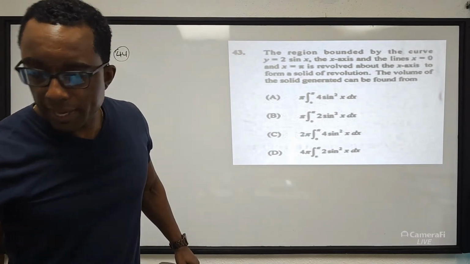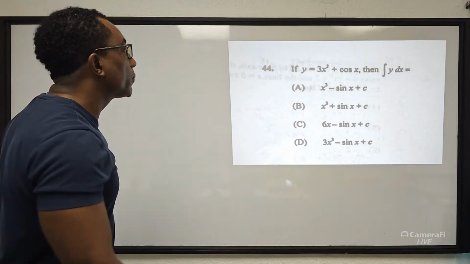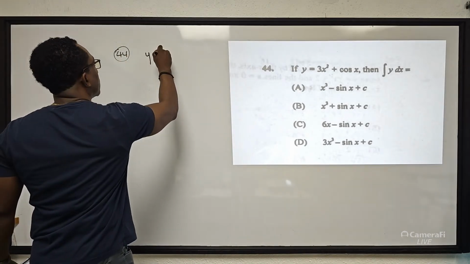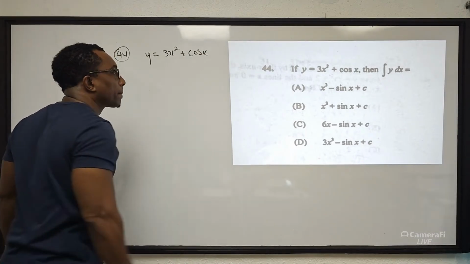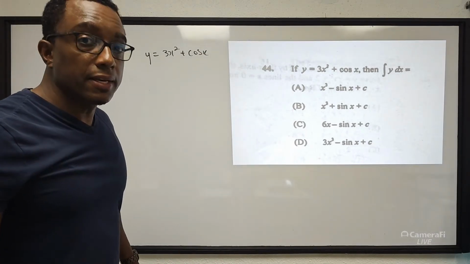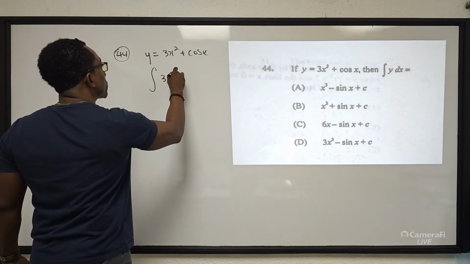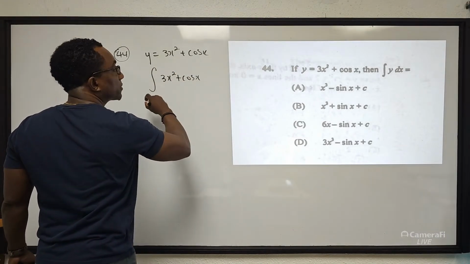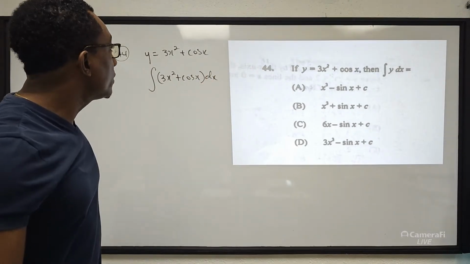So 44 we have, if y is equal to 3x squared plus cos x, they want us to find the integral of that function. The integral of 3x squared plus cos x dx. What is that equal to?